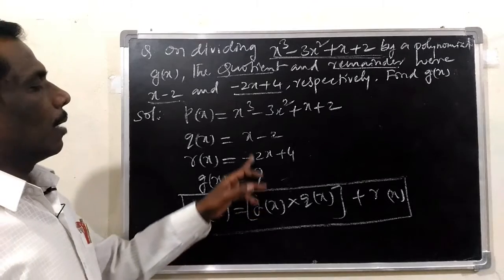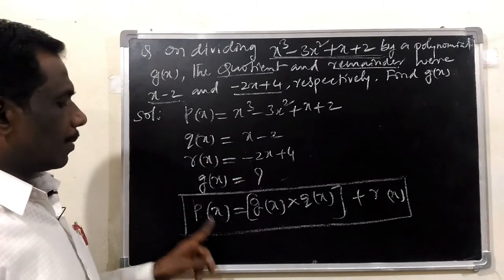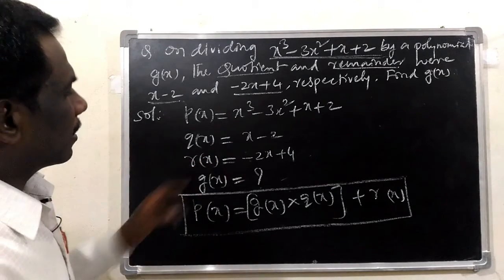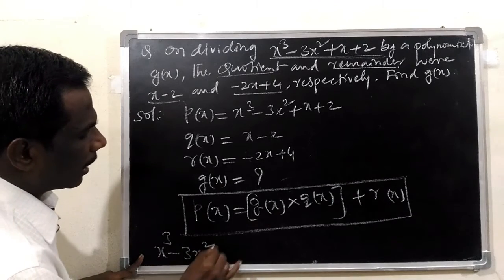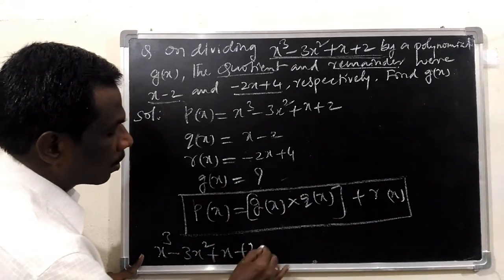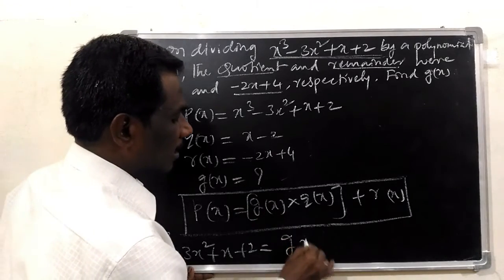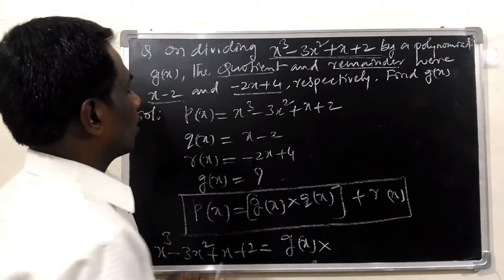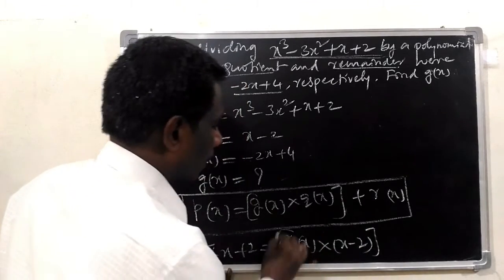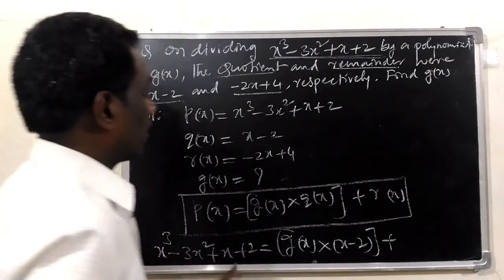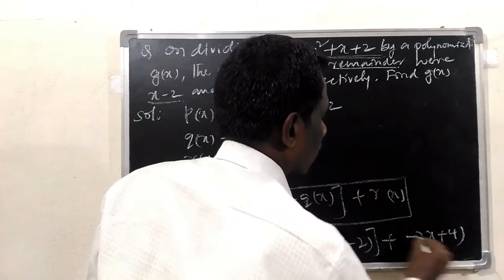Now substitute the values given above in this equation. p of x is given as x cube minus 3x square plus x plus 2, equals g of x, which is not given, so write it as it is, into q of x, which is x minus 2, plus r of x, which is minus 2x plus 4.